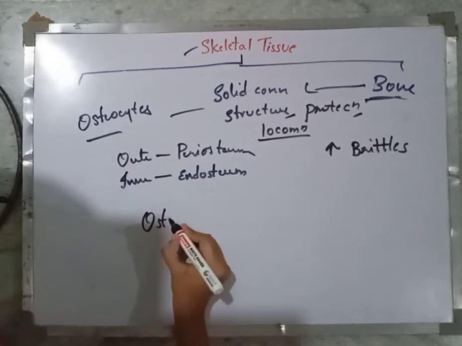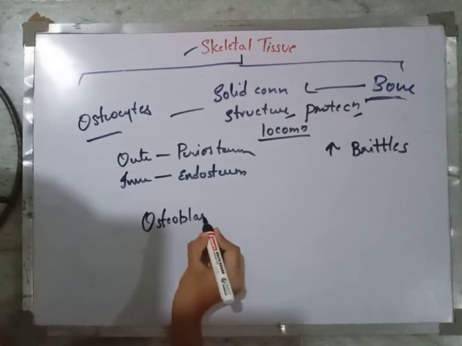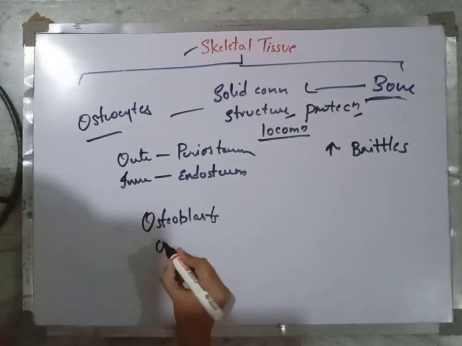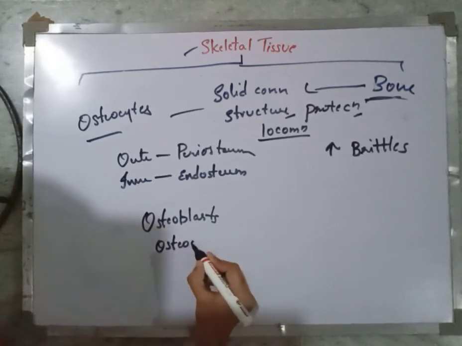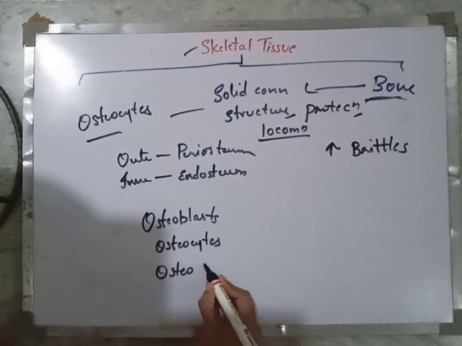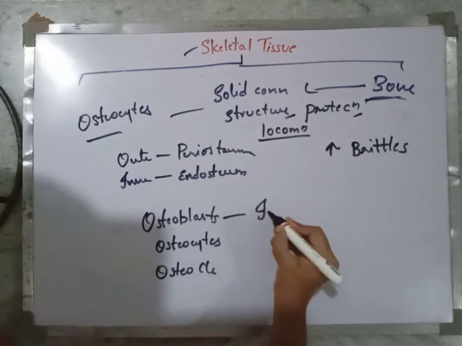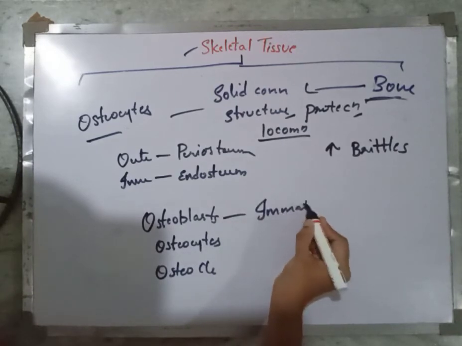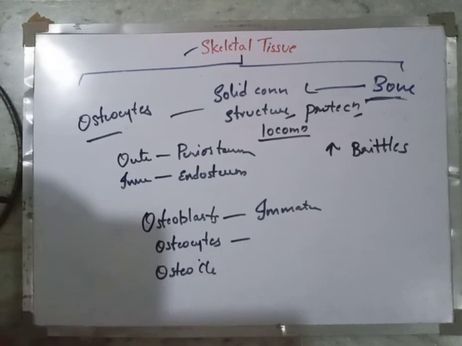And the bone contains three types of cells. They are called osteoblasts, osteocytes, and osteoclasts. So osteoblasts are the immature bone cells. They mature and become osteocytes.